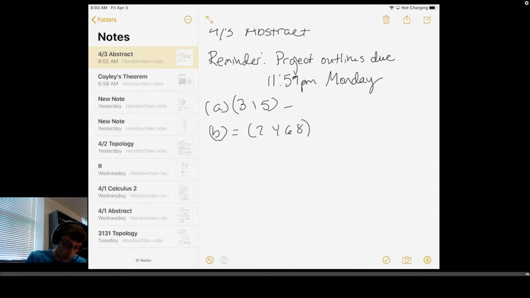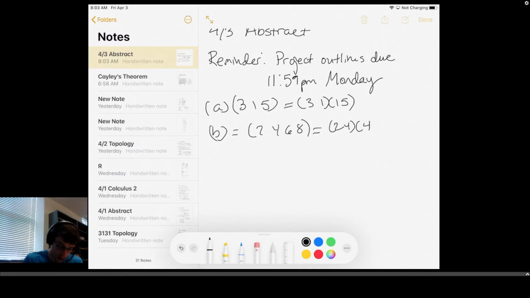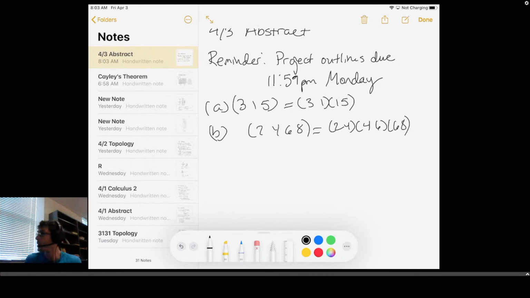Yeah, so this is (1 3)(1 5). Did anyone get something different than these? Yes, (4 6)(6 8). Anyone get something different? There's kind of one other common way. I know at least a couple people used it.